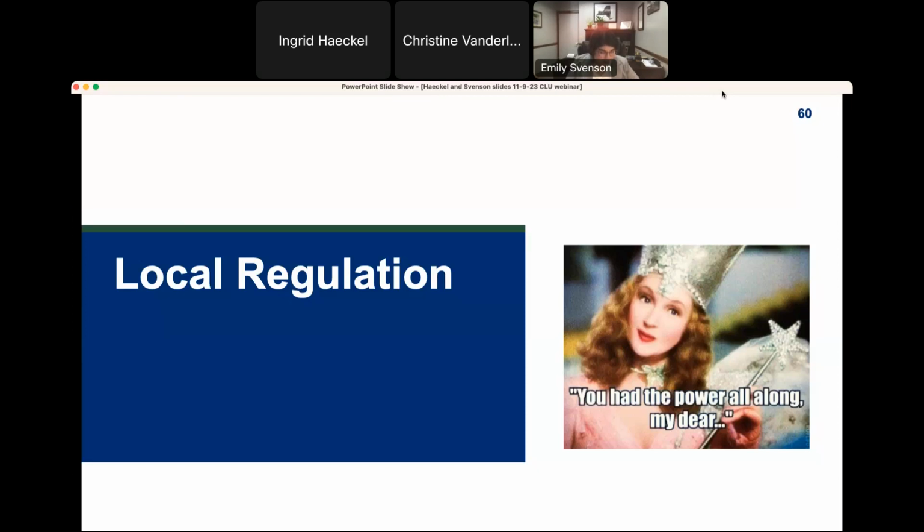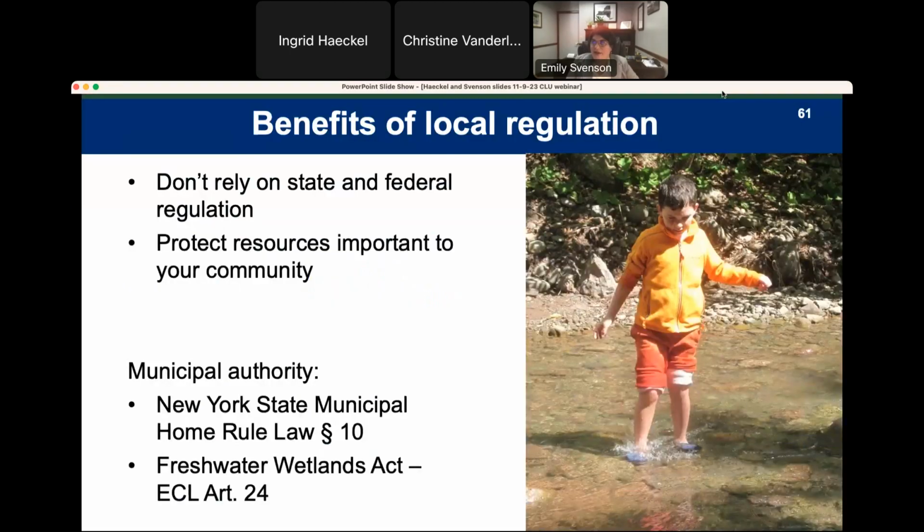So the good news is that you have the opportunity to make your own regulations. The benefits of creating your own municipal regulations are not relying on those state and federal regulations, and you can choose what's important in your community and make regulations that suit your needs.